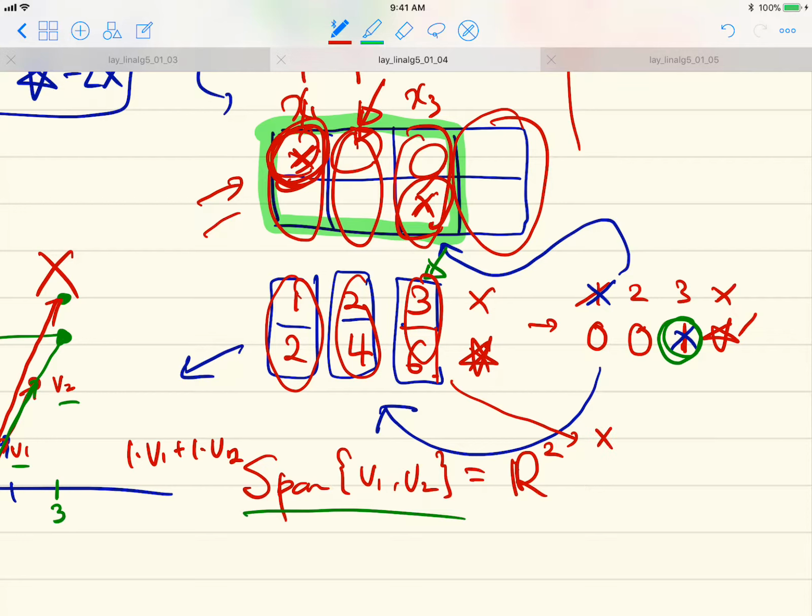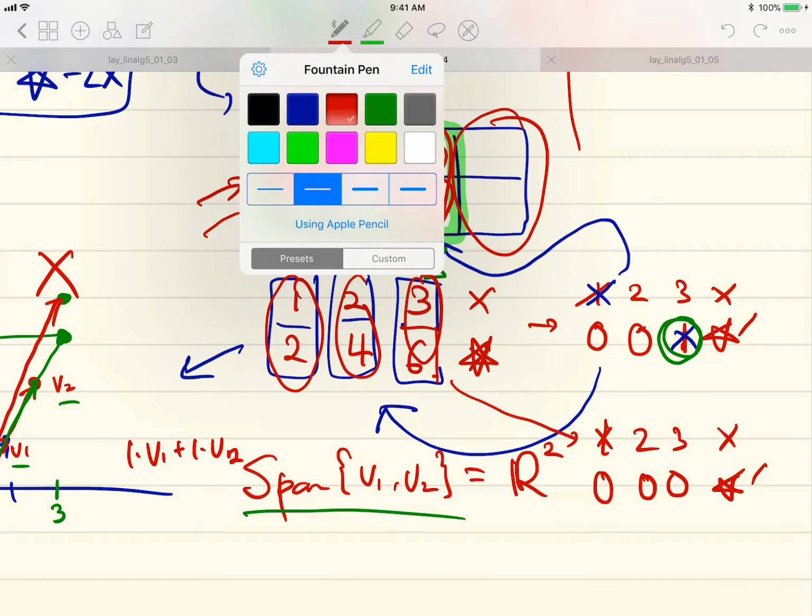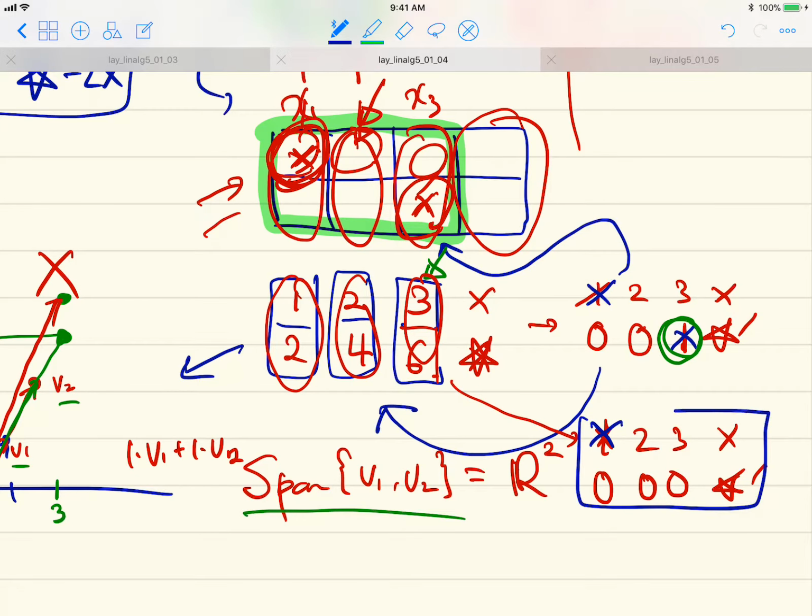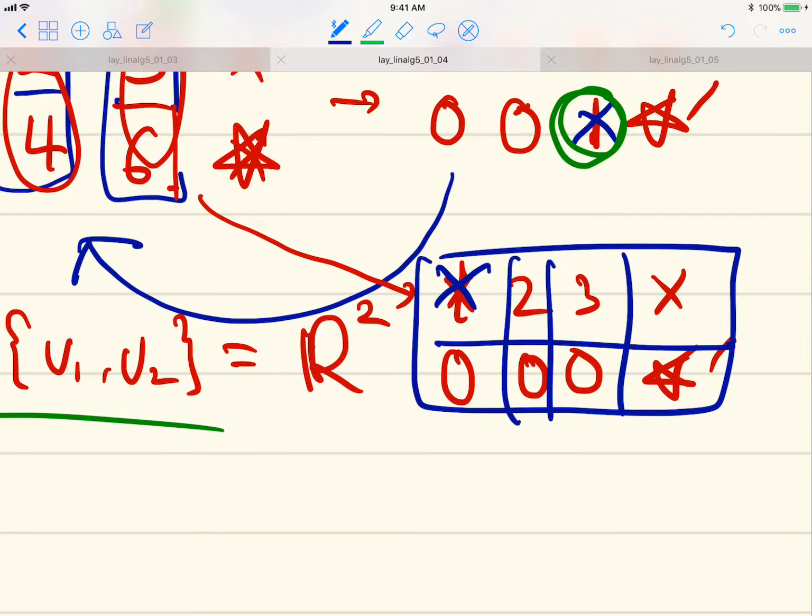It will be 1, 2, 3, and x, and then 0, 0, 0, and star prime, right? And then the pivot is found here, right? But we don't see the pivot on the second row corresponding to the coefficient part, right?